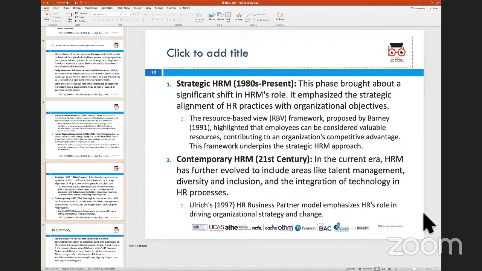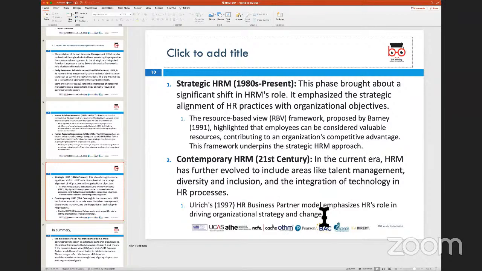The last function he focused on was that they have to be an employee champion. That means they have to be an advocate of the employees. They need to understand their needs and wants and how best to take care of their well-being, so that they feel engaged, they are being developed, there is a sense of satisfaction, and a positive workforce culture can be maintained.